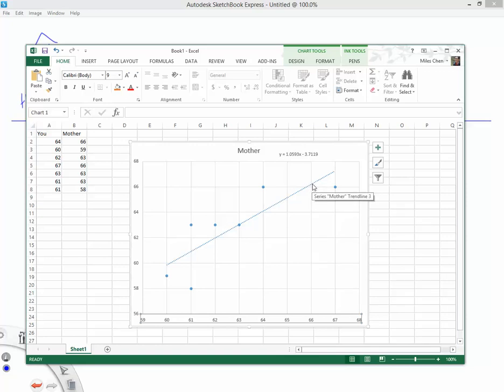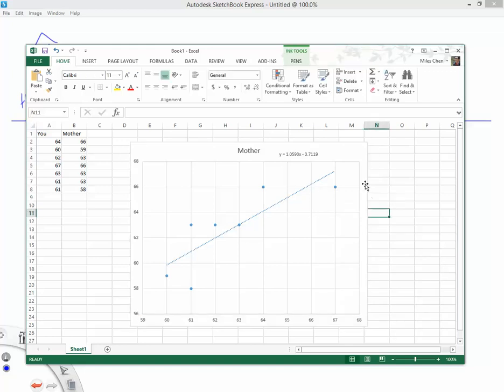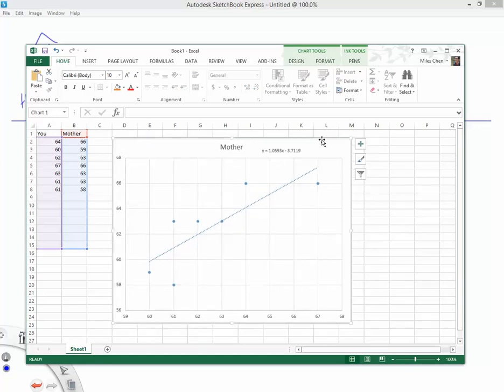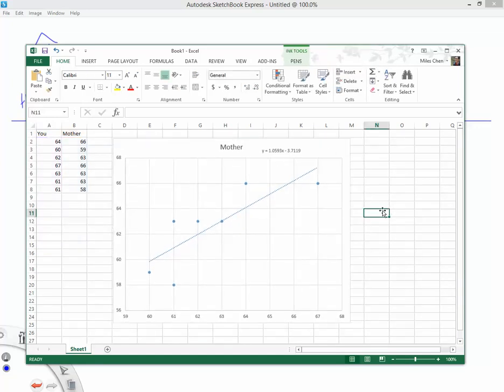I used Excel. There is a process to get this equation by hand, okay? But it's tedious and probably much more involved than any of us want to care about.